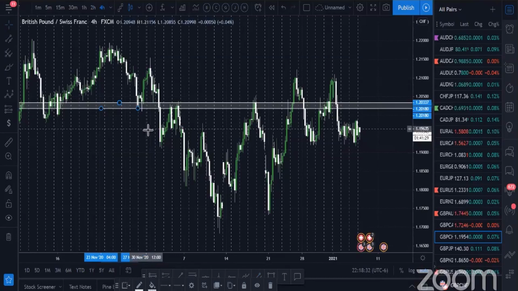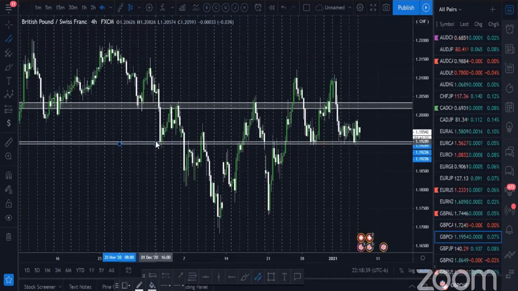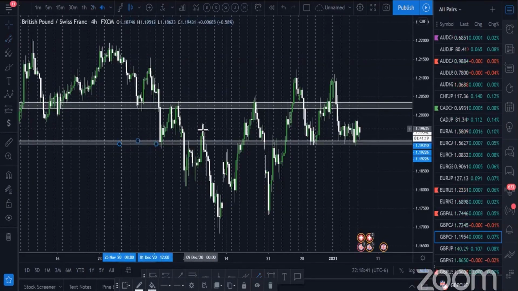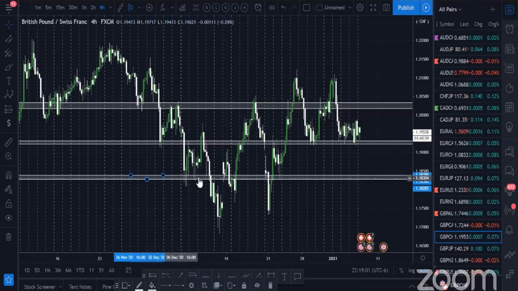So I see that's my zone there. Another one of my zones here. So basically, when it comes to those zones, you want to make sure that you're taking your time and really identifying why you're using that as a zone.